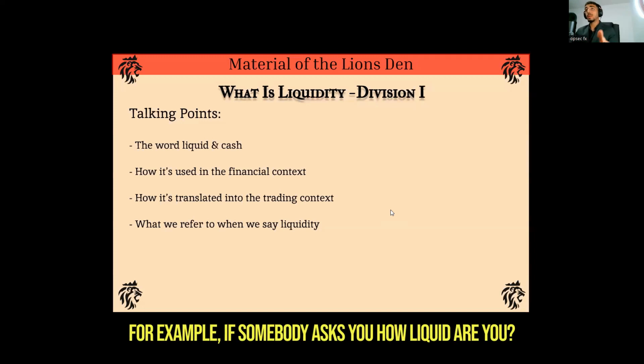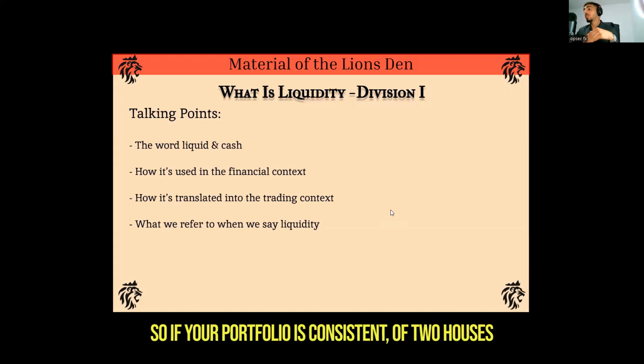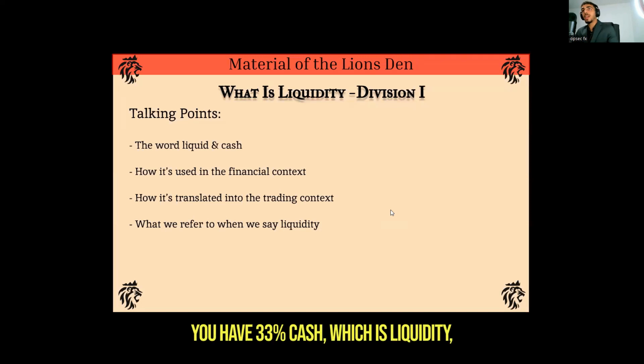If somebody asks you how liquid are you, they're asking how much cash you have available. If your portfolio consists of 2 houses worth $1 million and $500,000 cash, you're 66% illiquid and 33% liquid. You have 33% cash, which is liquidity, and 66% in assets.